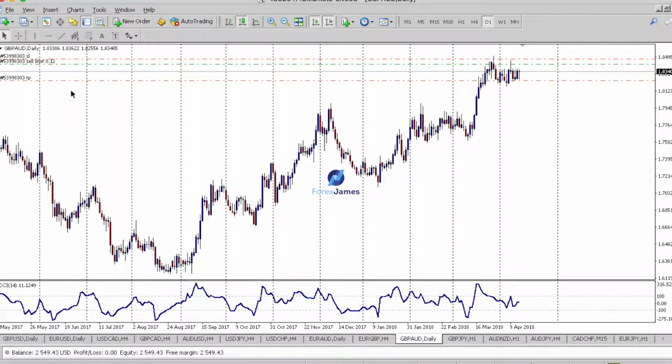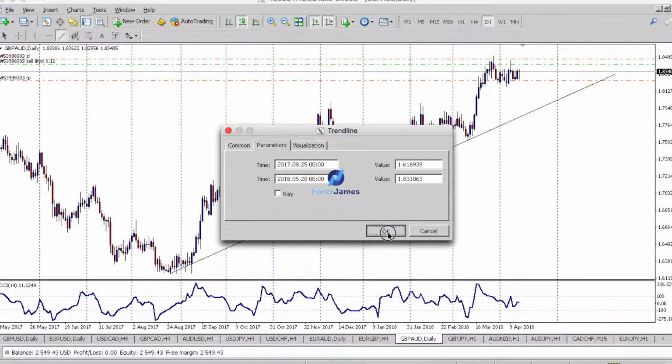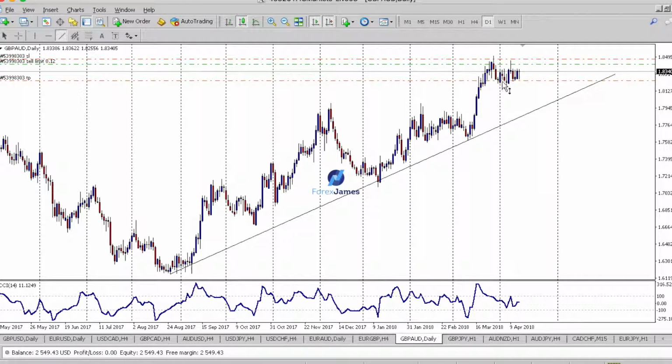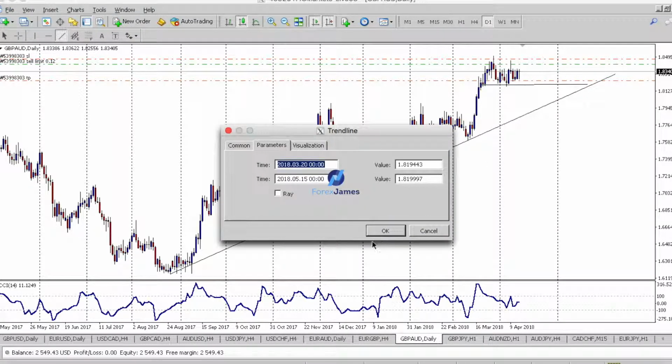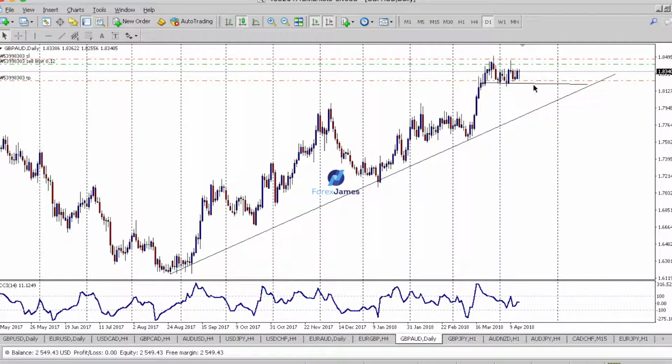Pound Aussie, the long-term bias is still to the upside, but what I notice is the channel it's forming, or a flag, sorry, or a triangle.